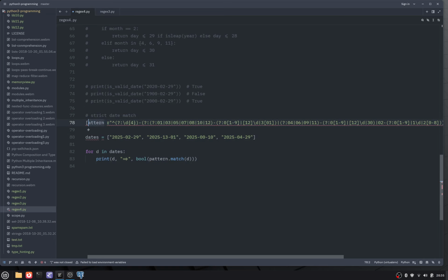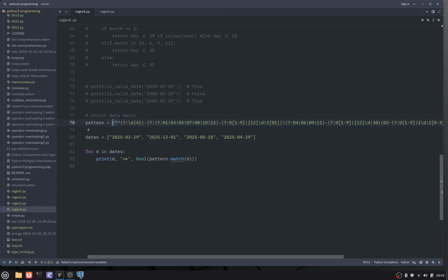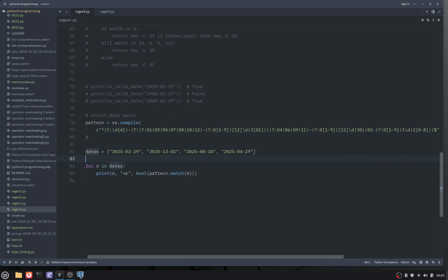Pattern is equal to... no, re.compile is missing. re.compile, and we make this in parentheses, so that should do the trick.